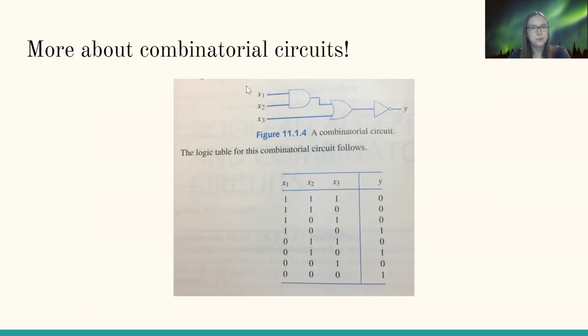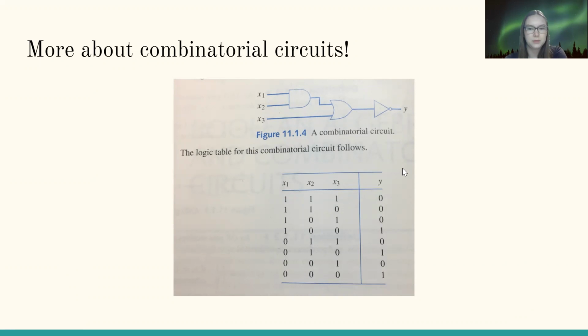This took some practice for me, but for example, if it's 0, 0, 0, we say, okay, if we put a 0 and a 0 into an AND gate, we know from a couple slides back, it gives us a 0. So then this is an OR gate, and we have a 0 and a 0 going into that, which gives us a 0 as well. And then a 0 going into a NOT gate gives us a 1, which we can confirm down here, or if we're building the truth table ourselves, we can write it and hope that it's correct.